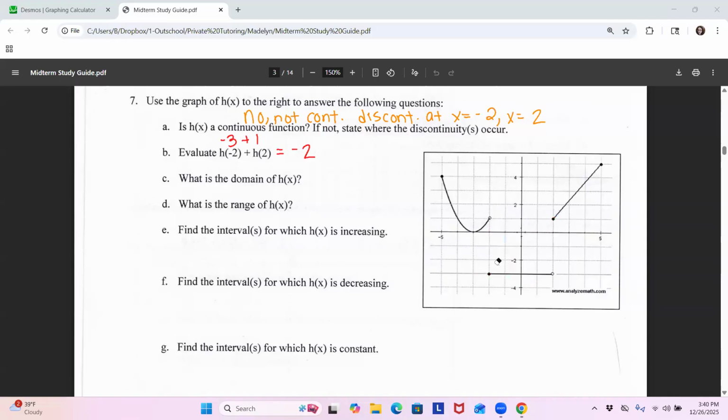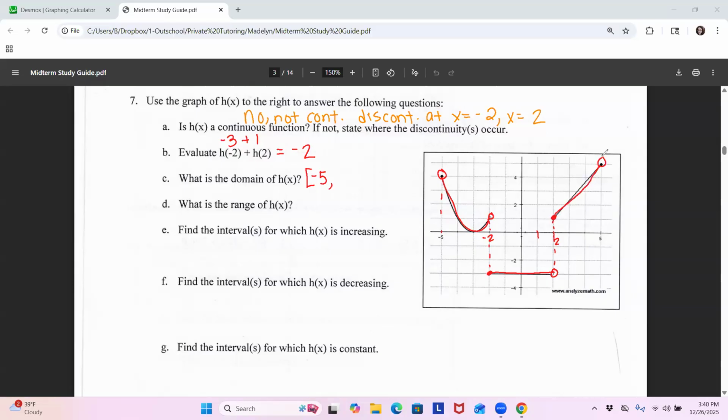What is the domain? How far left, how far right? So this is the farthest left, which looks like it's at -5. So we will do a solid on -5. And then it goes here to -2, open, but that gets closed. Goes here to 2, open, but that gets closed, so we're okay.